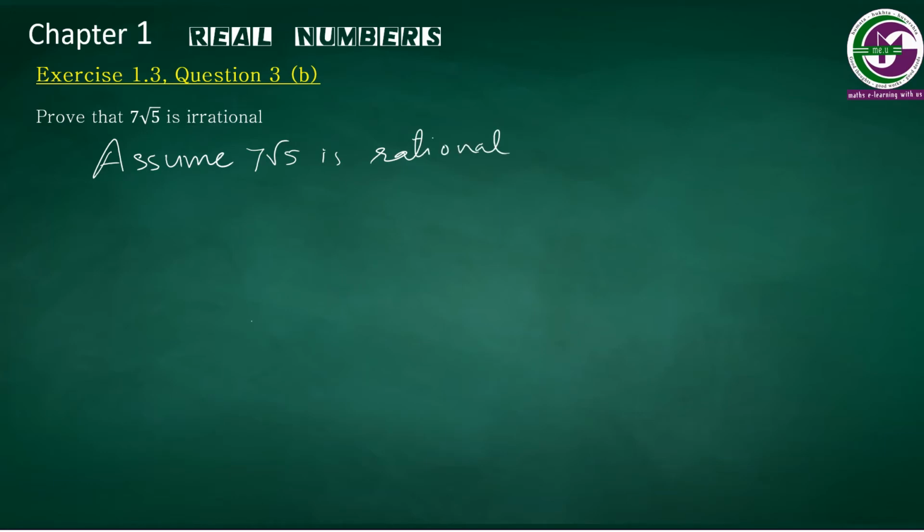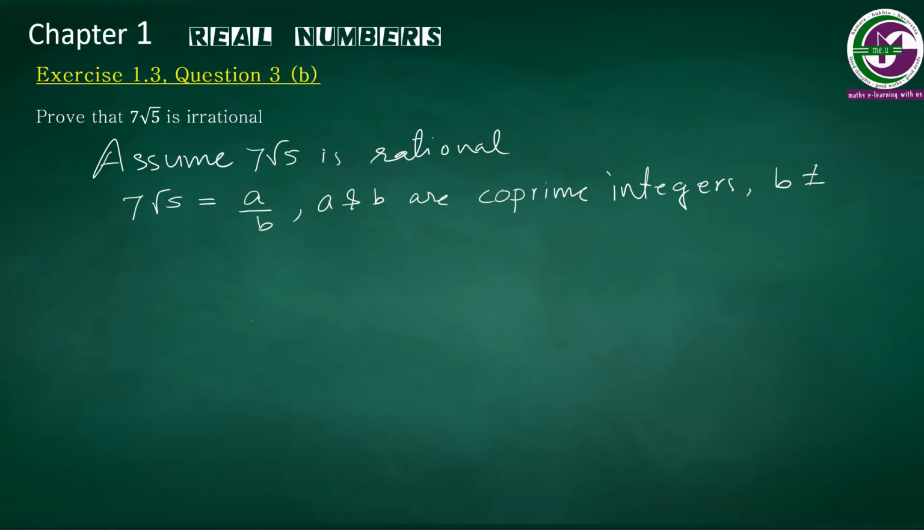If 7 root 5 is rational, then 7 root 5 can be expressed as a by b for some coprime integers a and b, where b is not equal to 0. The denominator should not be 0 for any fraction.